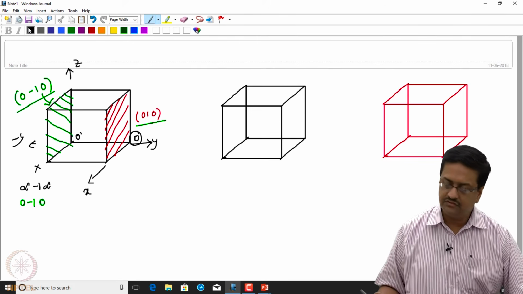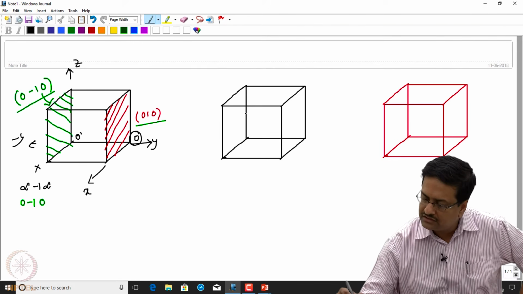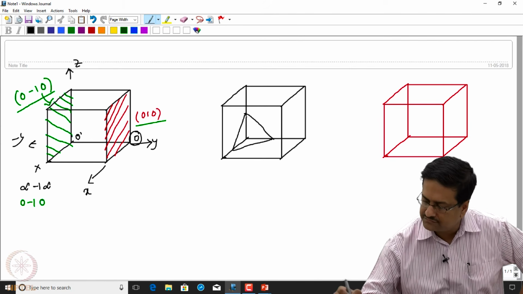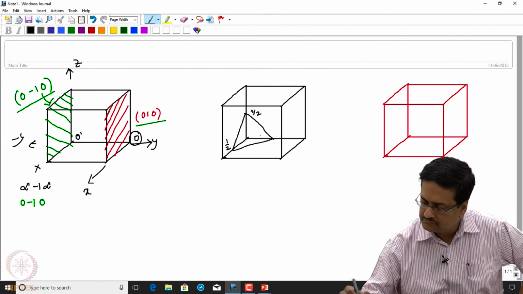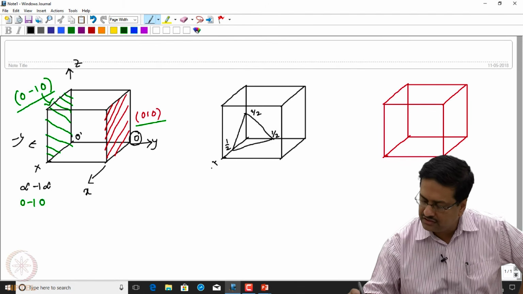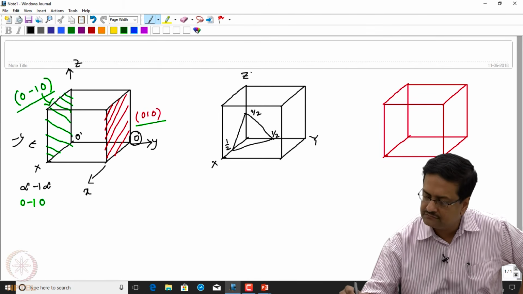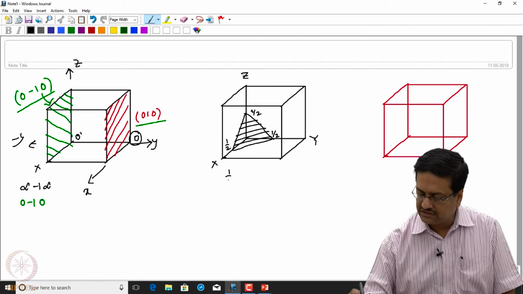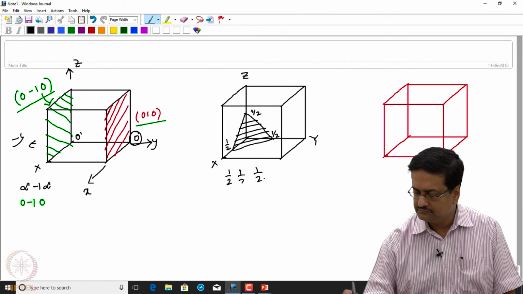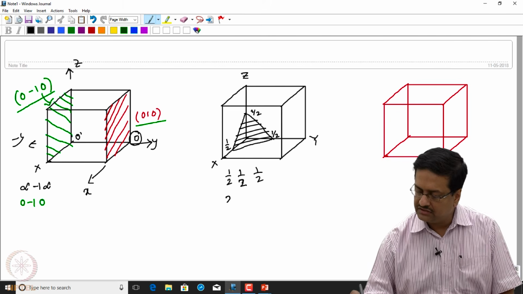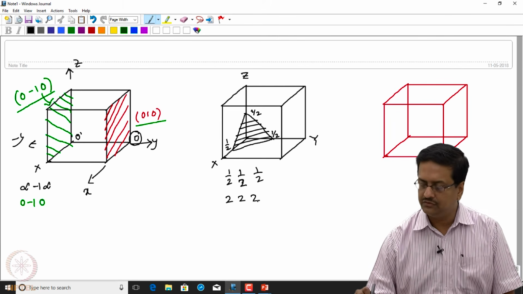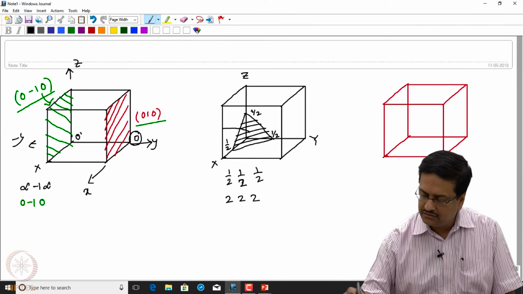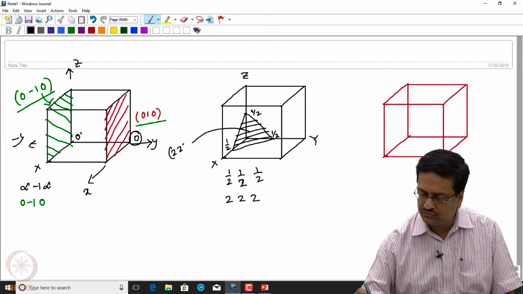Now let us see a situation where we are trying to draw a plane which intercepts at half on all the three x, y and z. So the intercepts are half, half, half. So the reciprocals are 2, 2, 2. So that particular plane should be designated as the 2, 2, 2 plane.